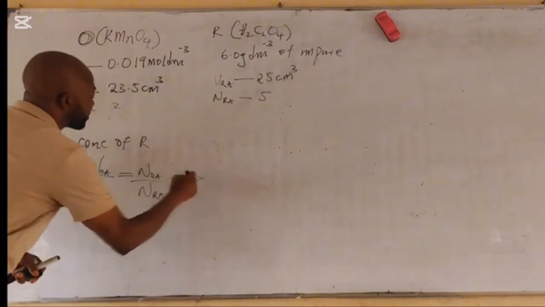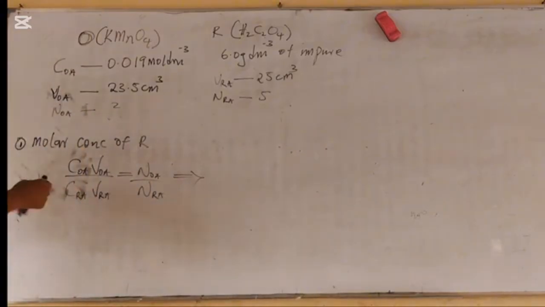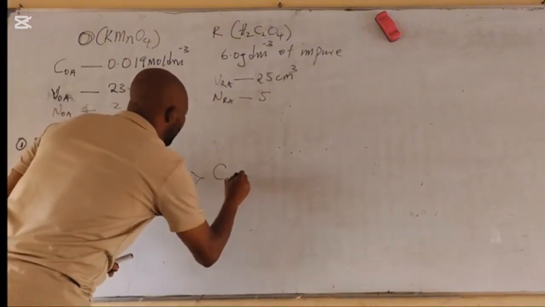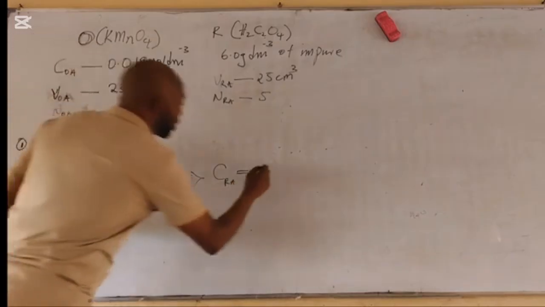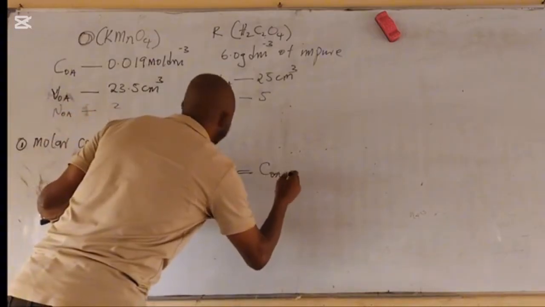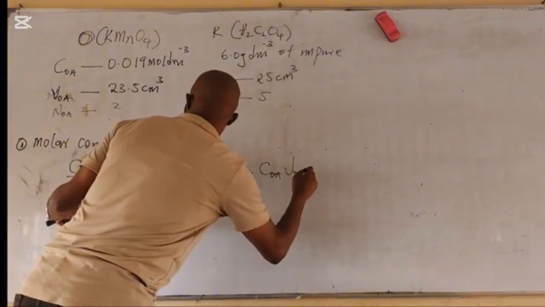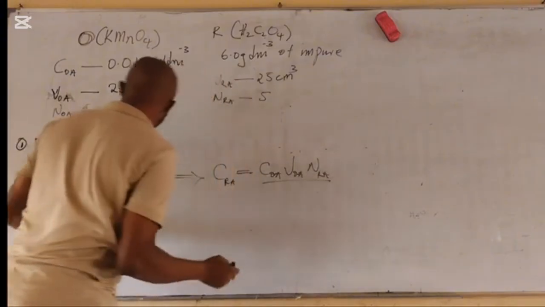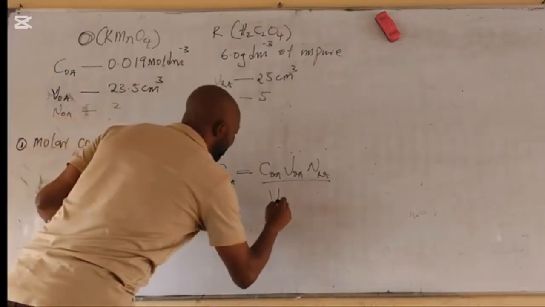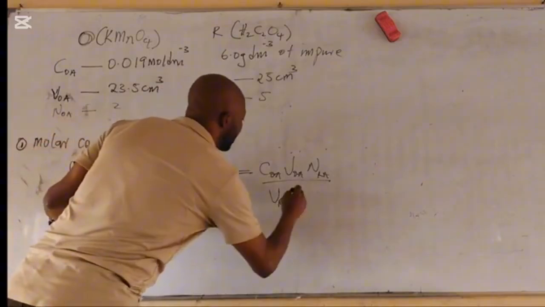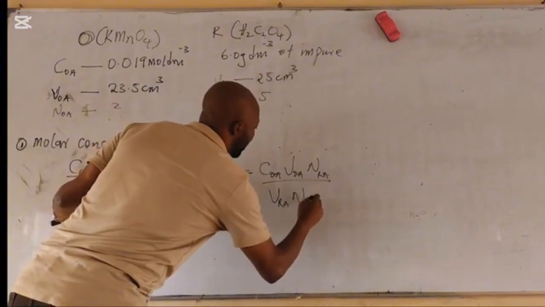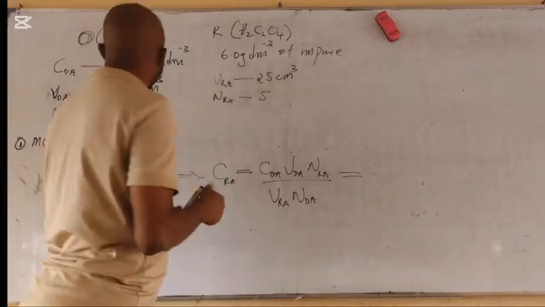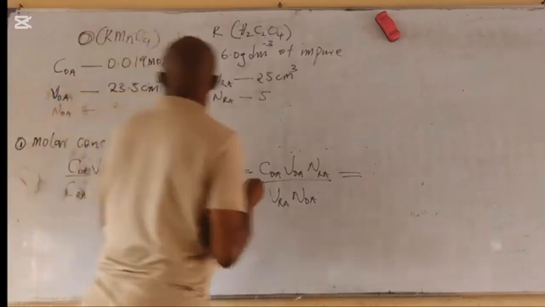From here, I'm looking for the concentration of the reducing agent, CRA, which will therefore become COA times VOA times NRA, all over VRA times NOA. So this is equal to, the concentration of the oxidizing agent is given to be 0.019.